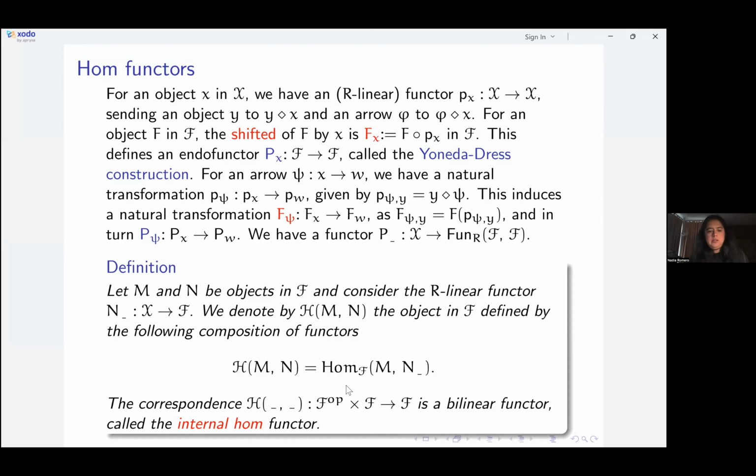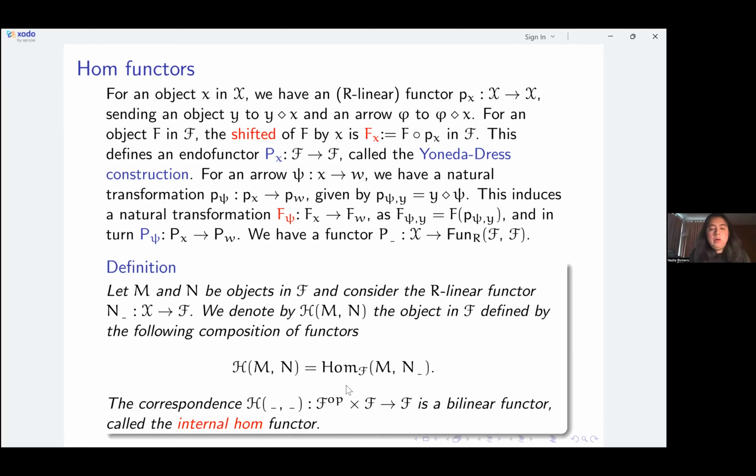The internal Hom is defined in category theory in a more general way, as an adjoint of the tensor product, etc. It may not exist. But in this case, what I really like is that we have an explicit description of this functor. We can say exactly how it looks on each object and on each arrow, and it's defined in a very simple way. Okay, so this is indeed an internal Hom functor.